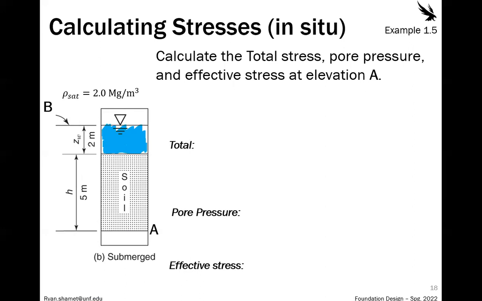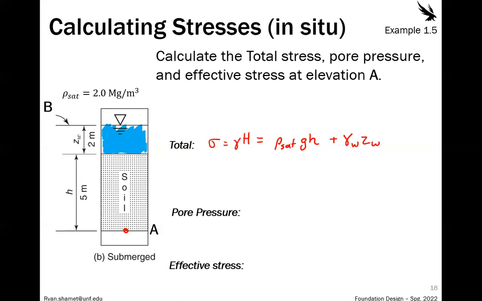Our total for this case would be everything that is being felt at this spot. If you could feel all of the pressure right here, what we would have is the weight from the soil, which is what we found before. But now we're also adding the weight of this water above us.